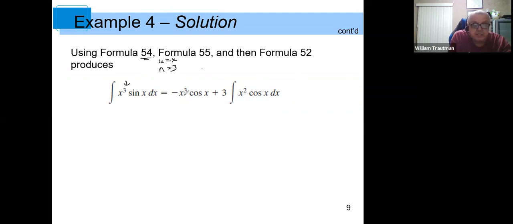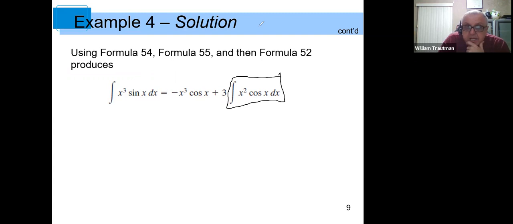So negative u^n, so this is n, cosine of u, or cosine x, plus the n. This is n also. And then we're integrating u^(n-1). So n minus 1 is 3 minus 1, which is 2. And we're at this point. So we just used 54 and we got this answer, but now we have to integrate this right here.